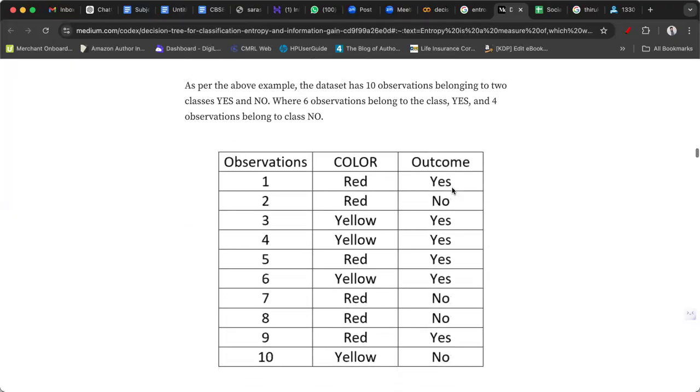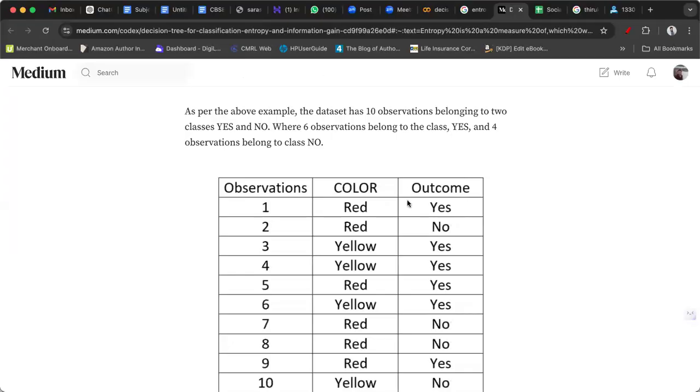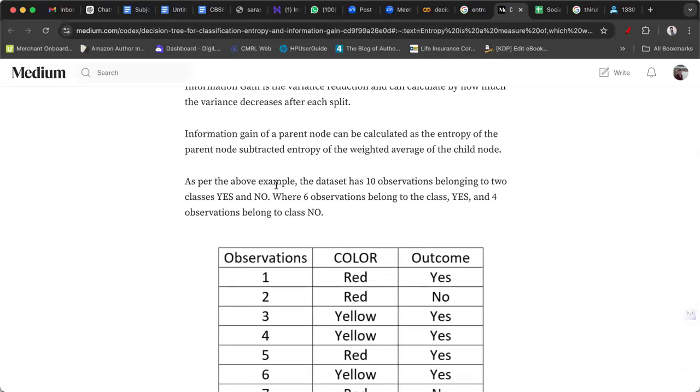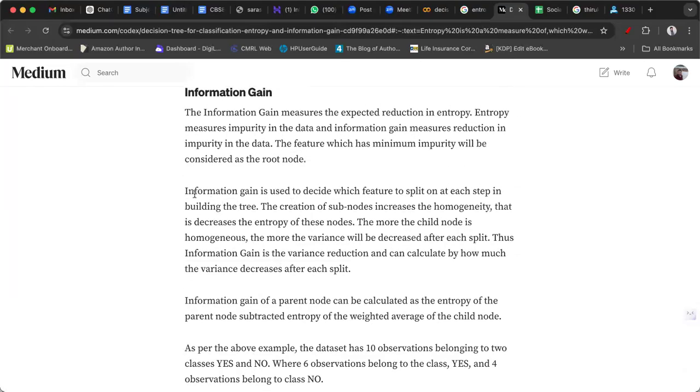So just to see these observations, this has 10 observations, the color and the outcome. We'll just see this example. Information gain is used to see whether the creation of subnodes increases the homogeneity, that is, decreases the entropy of these nodes.